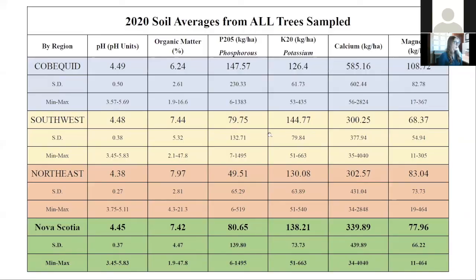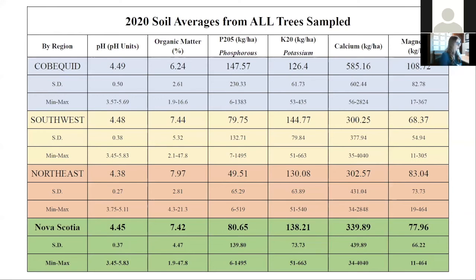Then you can see we get into our phosphorus and our potassium. Those are the main nutrients that we look at on the soil test. So P2O5, just as a reminder, P is for phosphorus, K2O, K is for potassium, and those are listed below in the headings there.